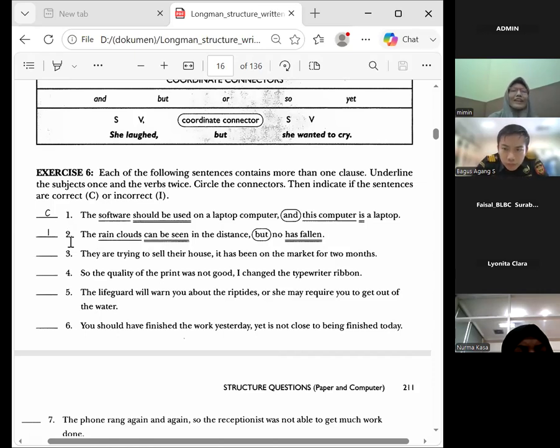Can anyone correct this sentence, please? Maybe Kak Bagus, can you please fix the sentence? Why is the sentence incorrect?